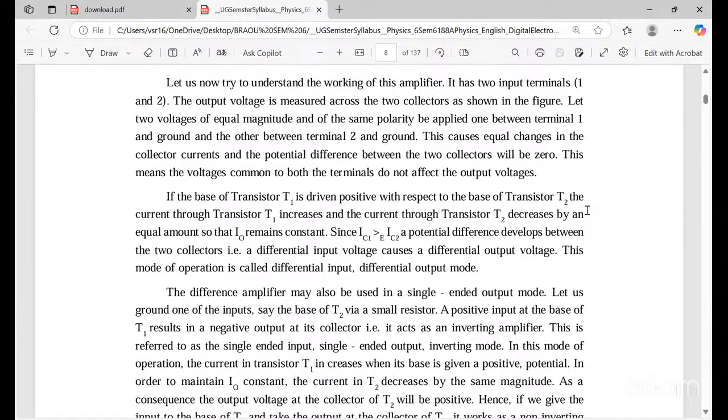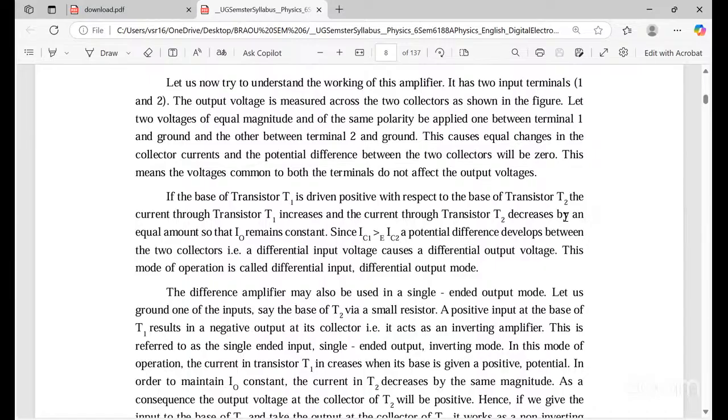So IC1 is greater than IC2, a potential difference develops between the two collectors, and that differential input voltage causes the differential output voltage. So the mode of operation is differential input and differential output. In other words, the difference amplifier may be used with a single-ended output.